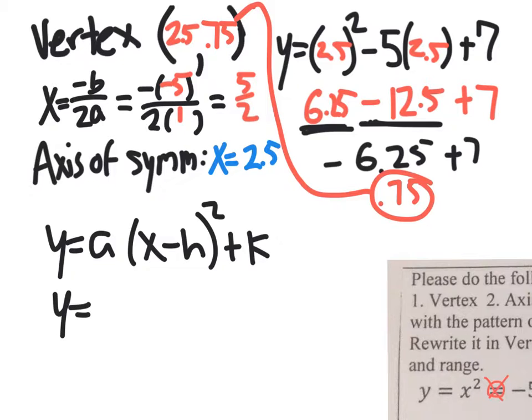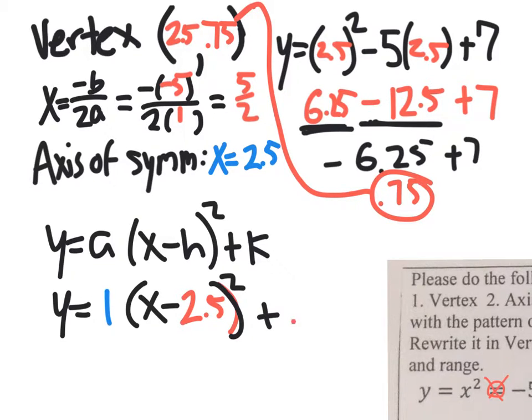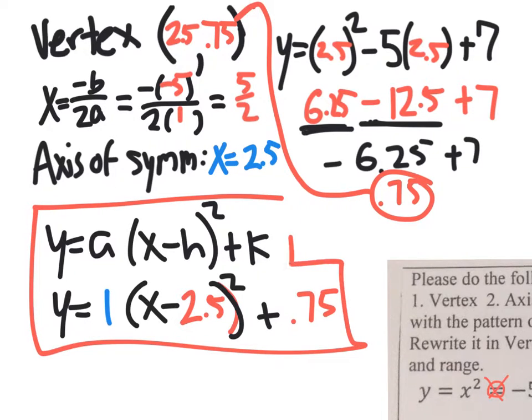What's the a value of the original? It's 1, parentheses x minus h, x minus 2.5, close parentheses squared, plus k, that's plus 0.75. So here's my vertex form. I might as well get that out of the way.